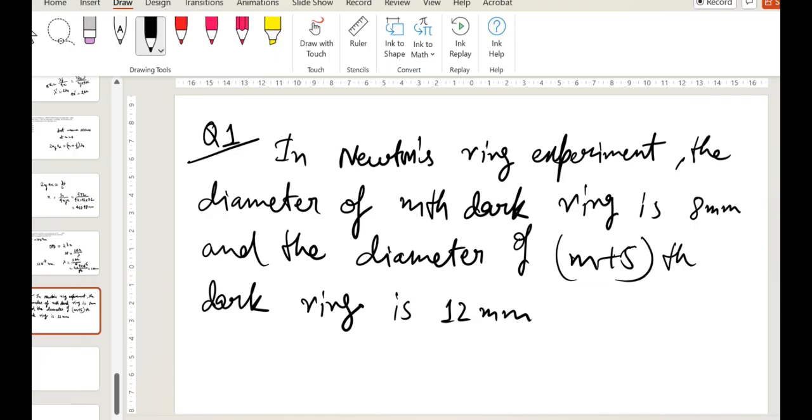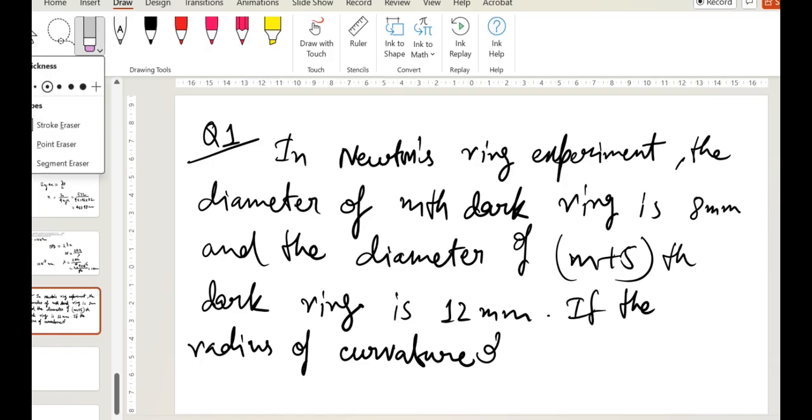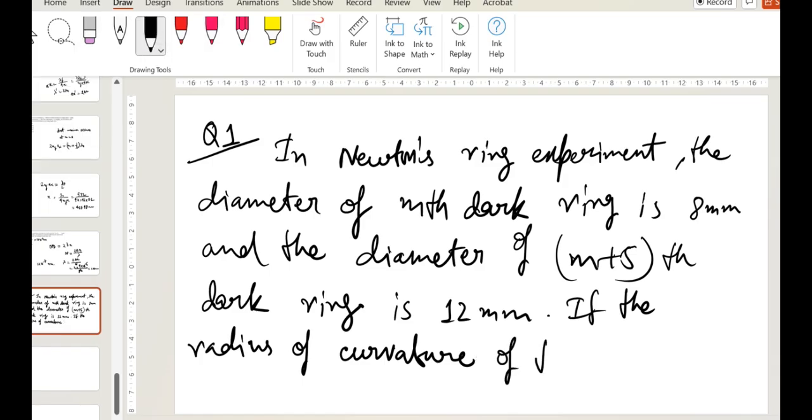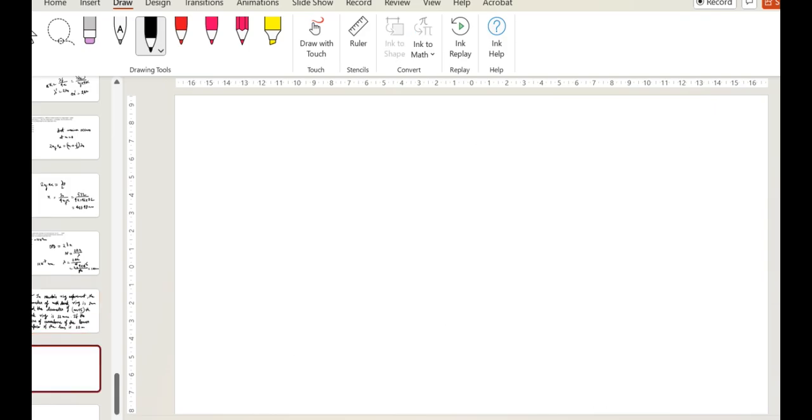If the radius of curvature of the lower surface of the lens is 10 meter, find the wavelength of the light used.